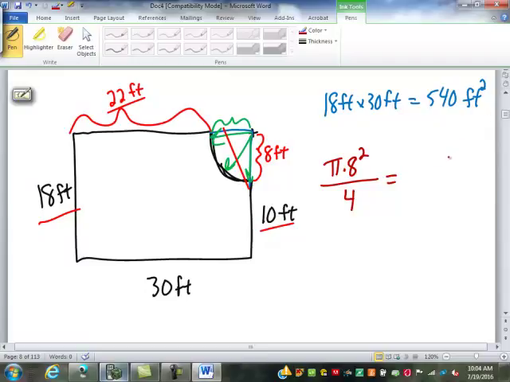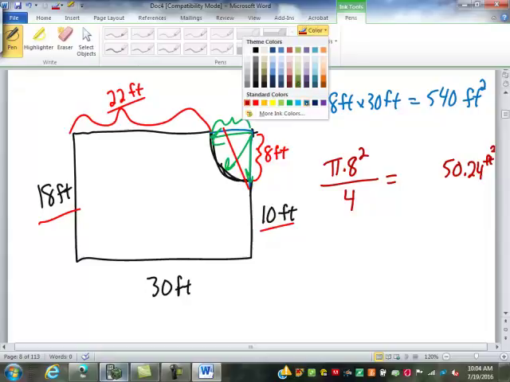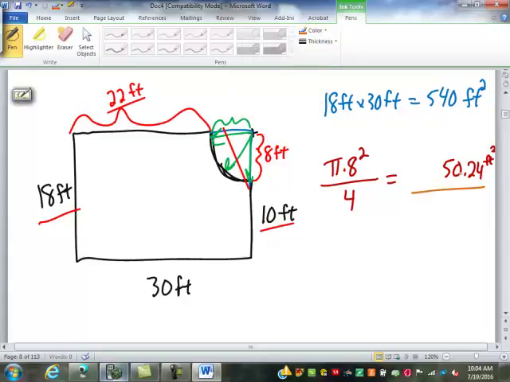So that is going to be, what, 50.24, I believe, square feet. Does that work out right? So now we subtract to get 489.76 square feet of area. What do you think? Not so bad?